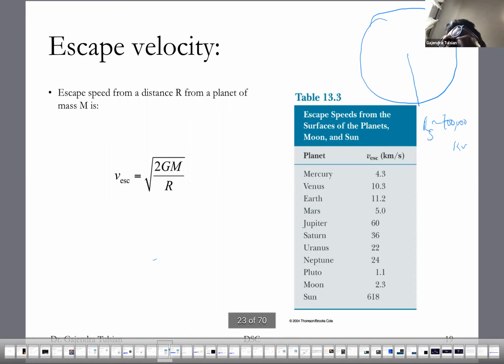It turns out that if you squeeze the sun to a radius of about 3 kilometers, called the Schwarzschild radius, then the sun will turn into a black hole. At this point the escape velocity is the speed of light.